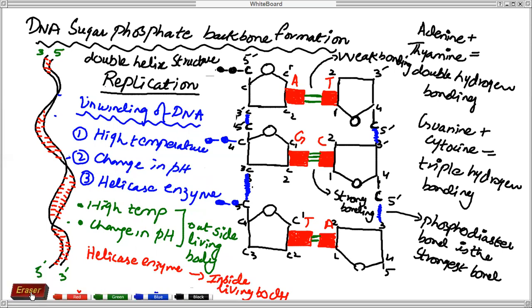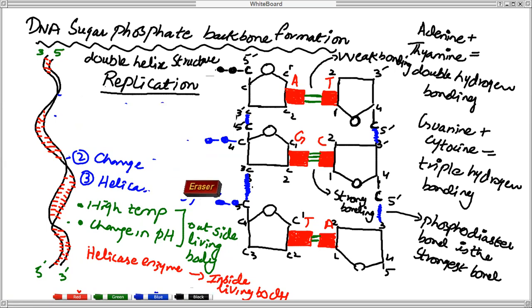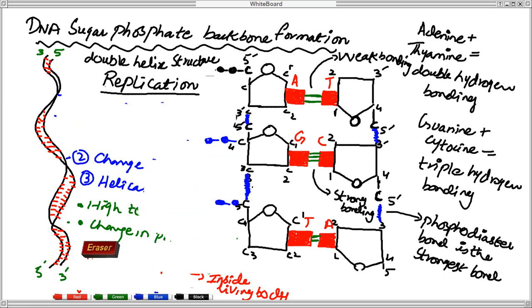As far as unwinding of DNA is concerned, it takes place from the major grooves. Usually it can happen from anywhere.